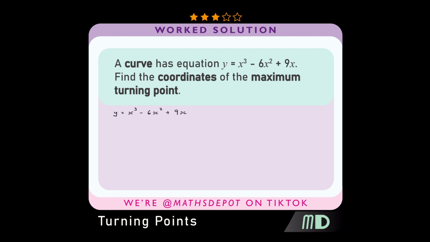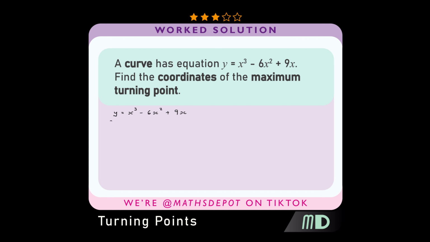Differentiating using the power rule, one term at a time, x cubed differentiated is 3x squared, minus 6x squared differentiated is minus 12x, and 9x differentiated is 9.